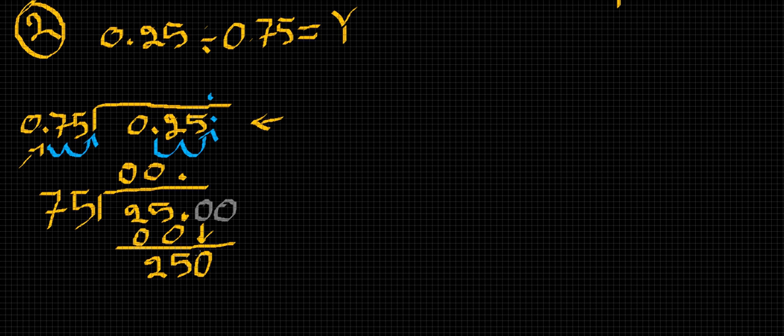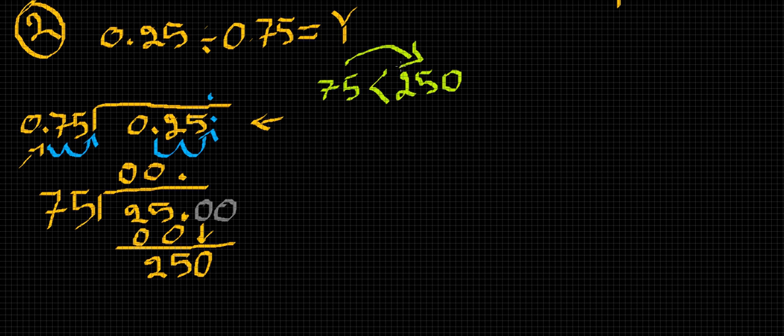So in a way, look on this side, 75 is smaller than 250. Now I need to know how many times 75 goes into 250. I could do this by trial and error. We don't want to use a calculator at this point.